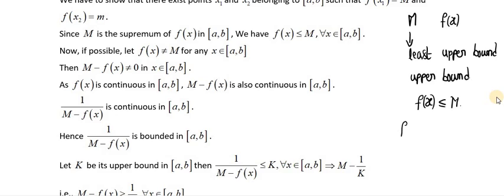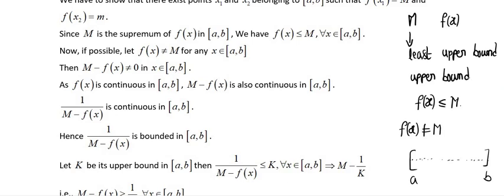But here we are taking, if possible, f of x is not equal to M in closed interval a comma b. That means if x is any one of these points, the value of f at these points is not equal to M. These points are all real numbers.